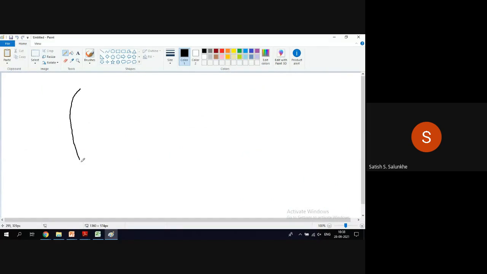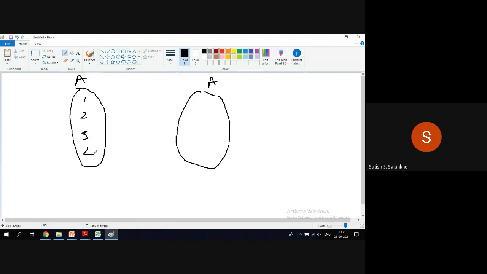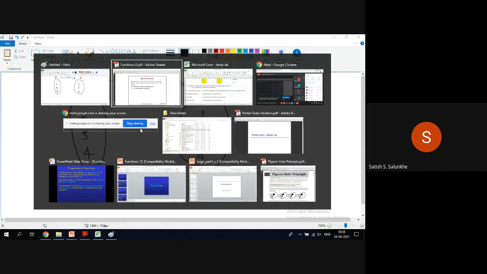So let us say you are having one set A and this is another set A, the same set, and you have elements, let us say 1, 2, 3, 4. So domain and codomain are both the same, and you have one mapping function from A to A, that is f. Okay. So what is this theorem saying?